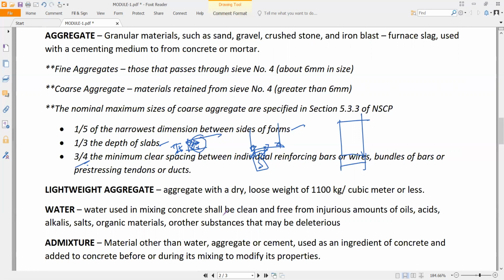Kasi sometimes, of course, yung concrete natin, meron tayong reinforcement, there are substances na pwedeng mag-cause ng oxidation or kalawang dun sa ating reinforcement. So, we want to avoid that para maiwasan natin na mag-deteriorate yung ating reinforcement. Diba? Pag na-deteriorate yung ating reinforcement, pwedeng mabawasan yung integrity ng ating structure and it also cause failure.